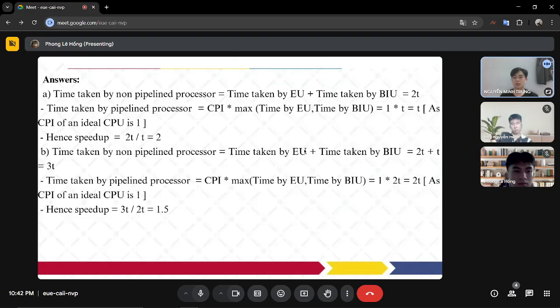B. Time taken by the non-pipelined processor: time taken by the EU.